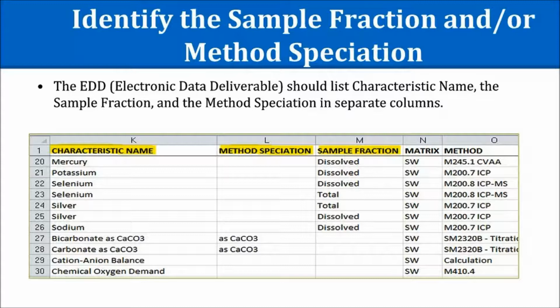That's really important for somebody who's reusing that data to do analysis as well. We have characteristics that require that sample fraction, so your data will be kicked out if it has a sample fraction association with the characteristics. You can always find it in our characteristic list names within the domains.